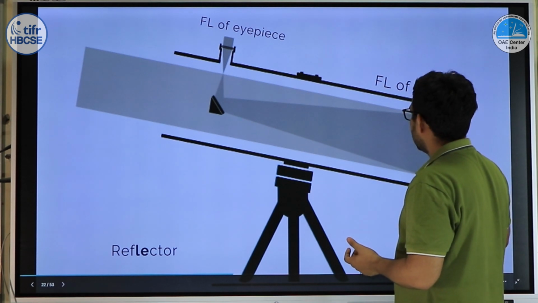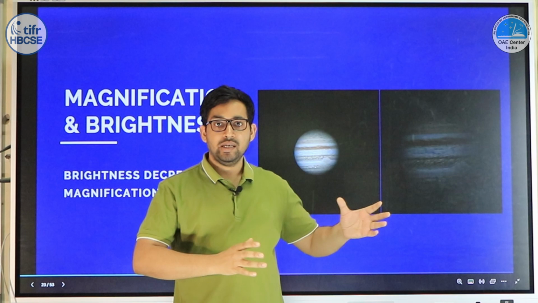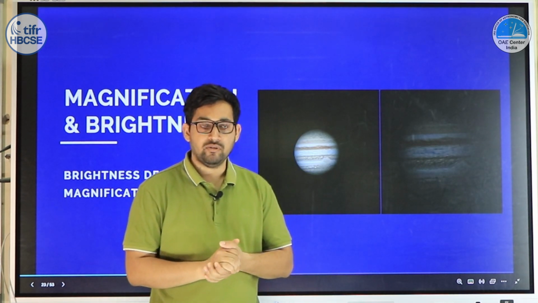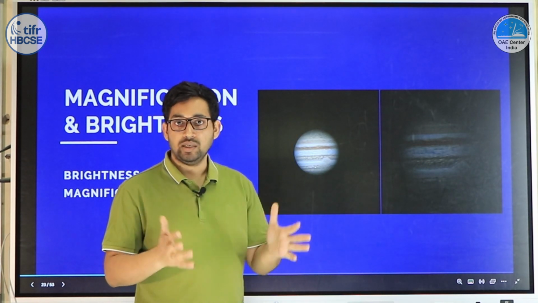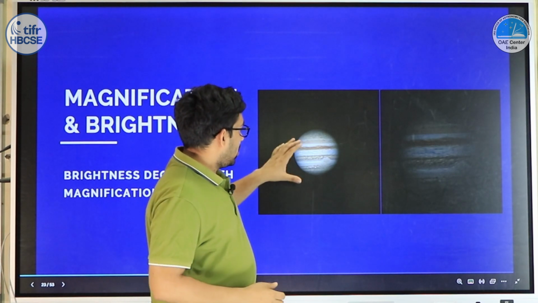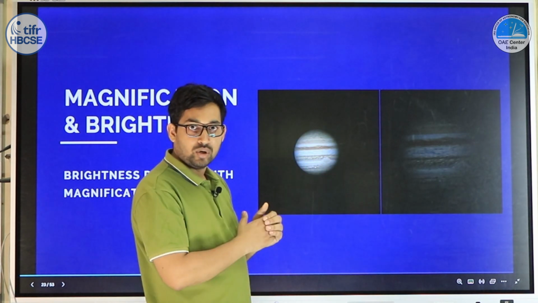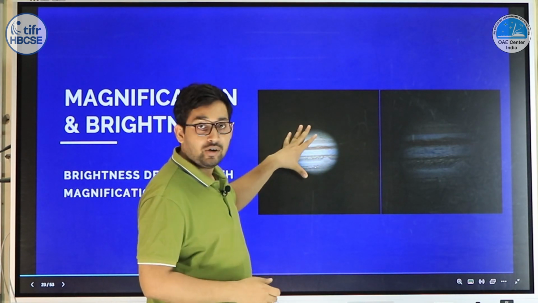Alright. One thing to note is that just by changing the eyepiece and increasing your magnification does not mean you will keep on seeing larger and larger images. It comes at a cost, because the number of photons that the telescope receives and focuses to the eyepiece will not change.